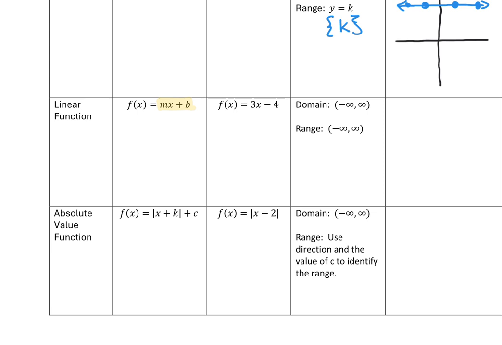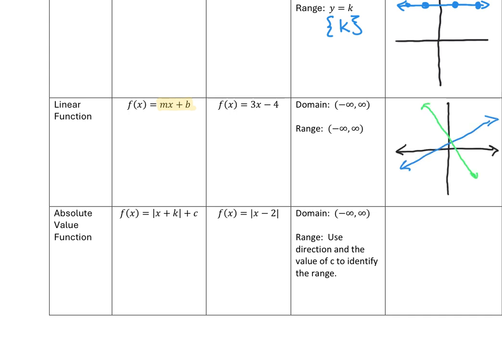If we draw this, we all know kind of what a line looks like. We can do a line that goes up from left to right. It can also go down from left to right. But it is going up or down forever.